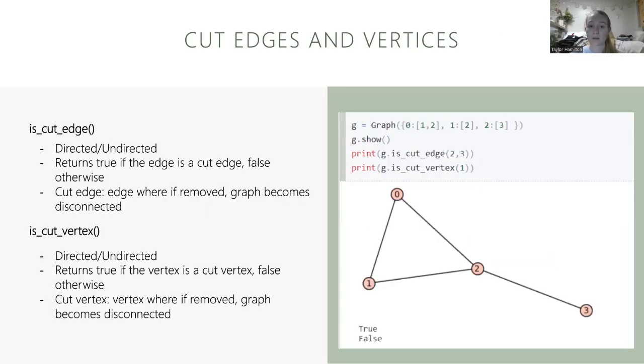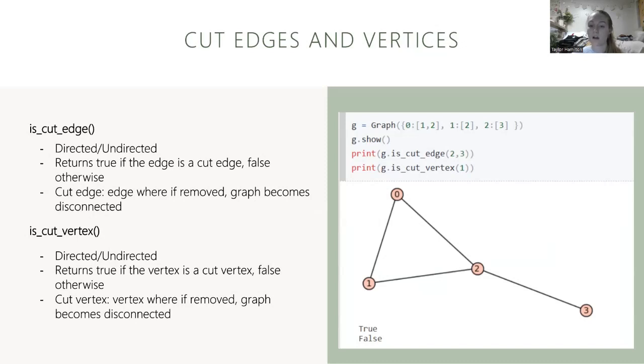All right, and then finally, I wanted to talk about cut edges and cut vertices. My first operation is is cut edge. What this does is it returns true if the edge is a cut edge and false otherwise. A cut edge is defined like this: if the edge is removed, does the graph become disconnected? If the answer is yes, then the edge is a cut edge. If the answer is no, then the edge is not a cut edge.